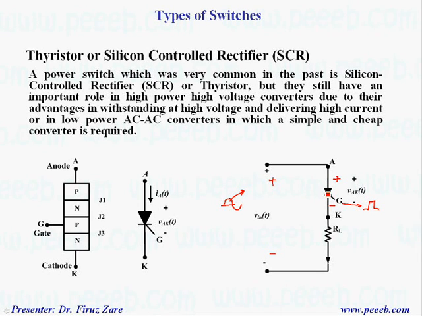Once we turn it on, the current through the thyristor depends on this resistor. At the end of the first half cycle, because the voltage goes to 0, the current through the thyristor is 0. So in this case the thyristor turns off, and it cannot operate in the second half cycle.